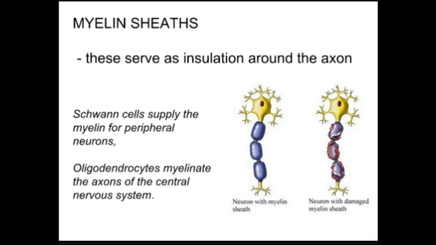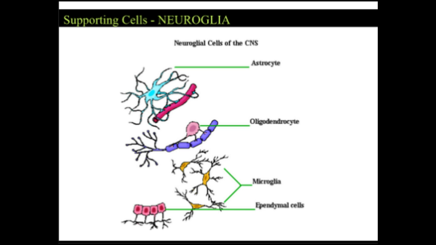But if you say severed a nerve or a neuron, that's not going to grow back, and that's not going to recreate itself. So having a little bit of protection that these sheaths offer is helpful.